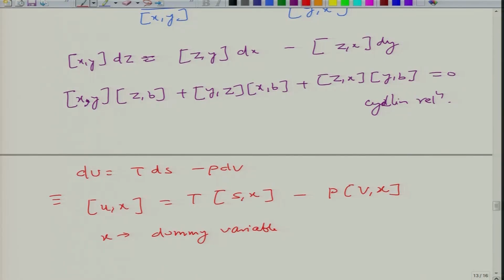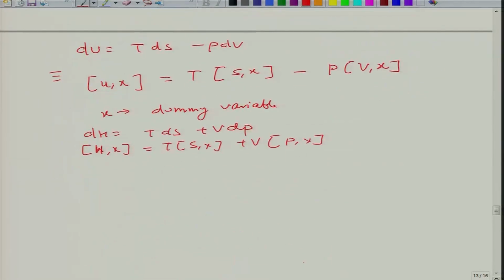Now, similarly, I can do the same exercise for h. Okay, dh is T ds plus v dp. I can write this as ∂(h,x) equals T ∂(s,x) plus v ∂(p,x). Similarly, I can do that for other variables.